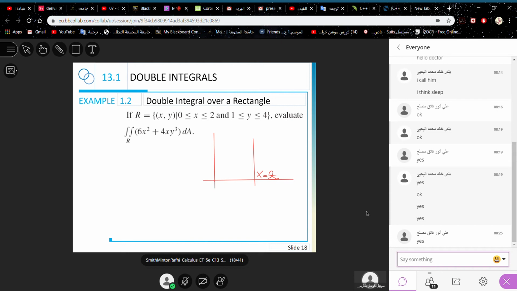And this is y equal to 1, and this is y equal to 4. This is x equal to 0, and this is x equal to 2. When we say x equal to 0, it means y axis. When we say y equal to 0, it means x axis. Okay.